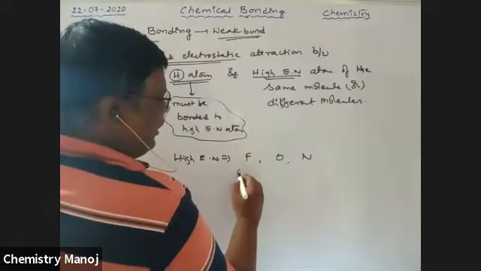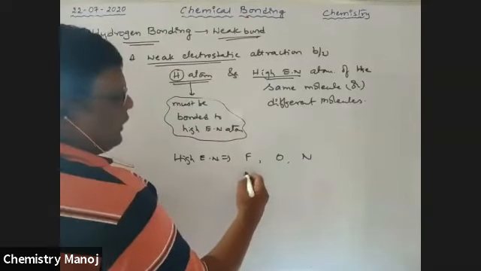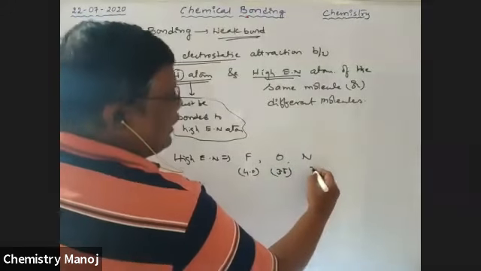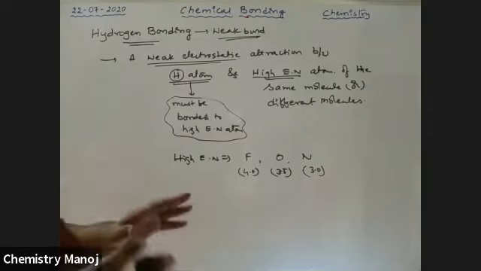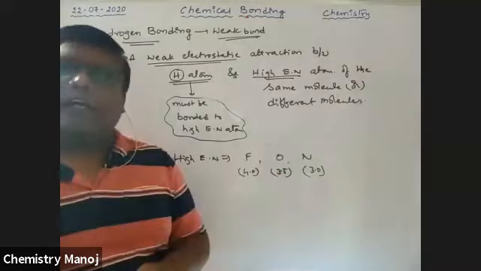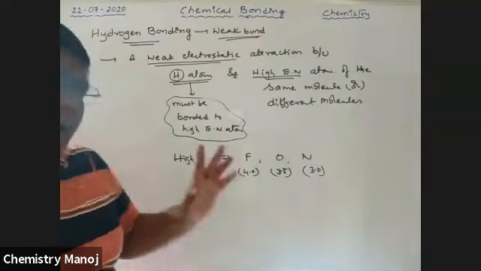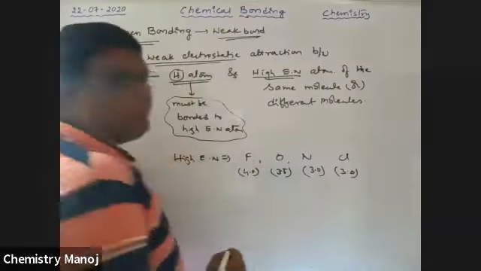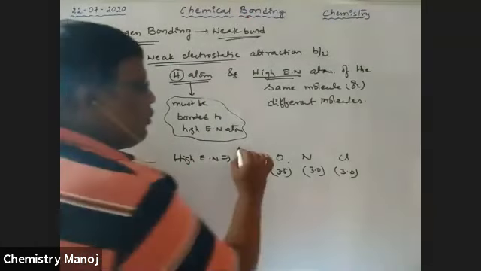The electronegativity of fluorine on the Pauling scale is 4.0. Oxygen has 3.5. Nitrogen has 3.0. So the greatest electronegative elements in the entire periodic table are fluorine, oxygen, and nitrogen. Yes, there is chlorine. It also has 3.0. But during hydrogen bonding, we consider only these three.